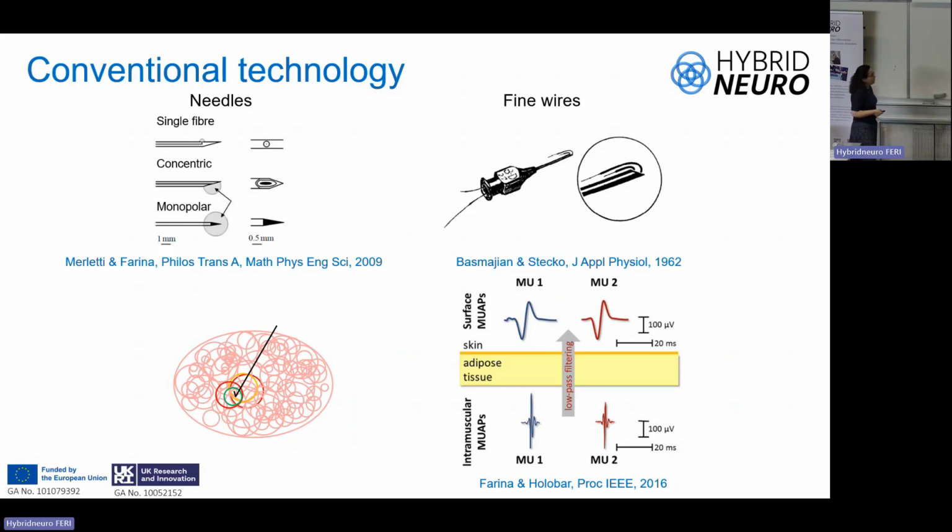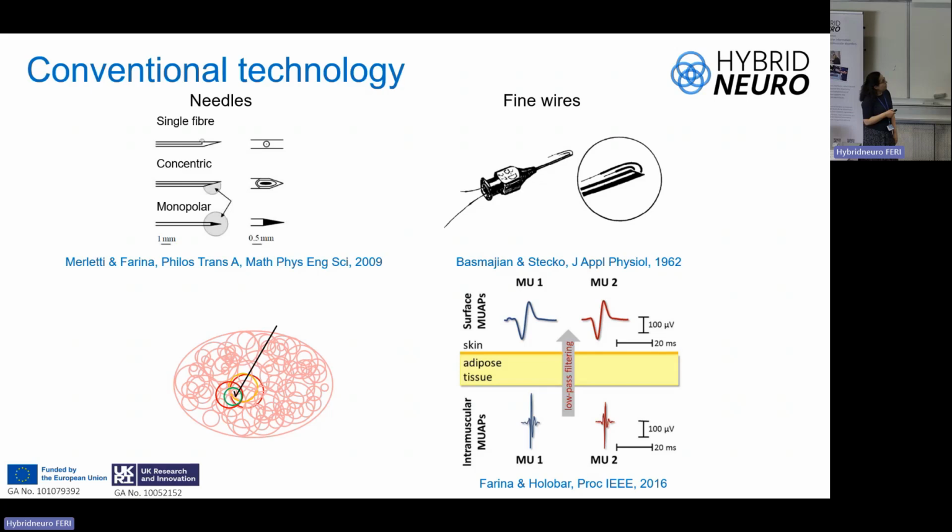But if you record directly from the muscle, your action potential will be much more spiky, and also the time support will be much narrower. So this is why you have less overlap, and this is another reason why intramuscular EMG is so sparse.